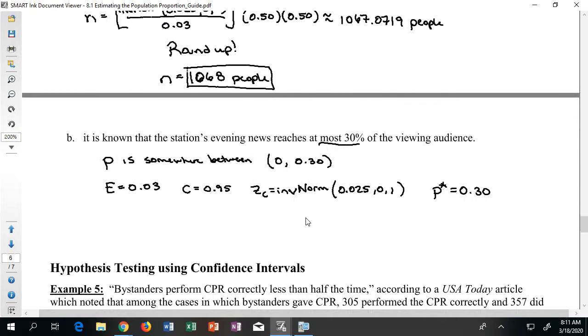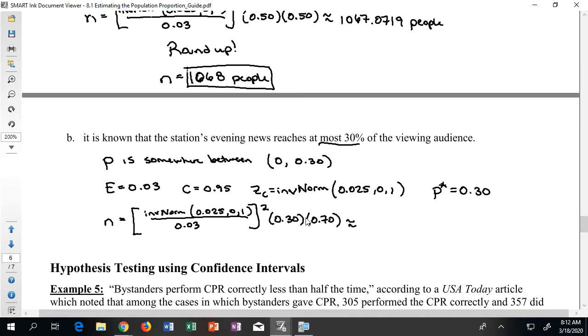So this time, if I set everything up and I rounded all the way up, I would end up with, let's see here. So I have inverse norm, 0.025, comma 0, 1, divided by 0.03, square that result, multiply by 0.30 and by 0.70.